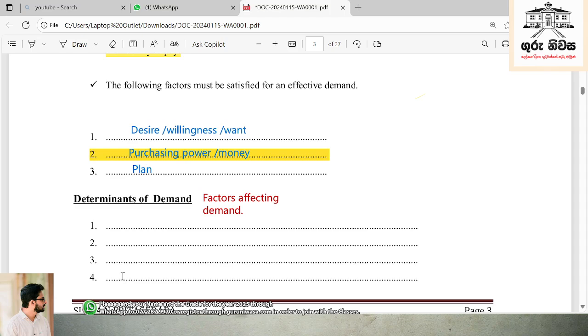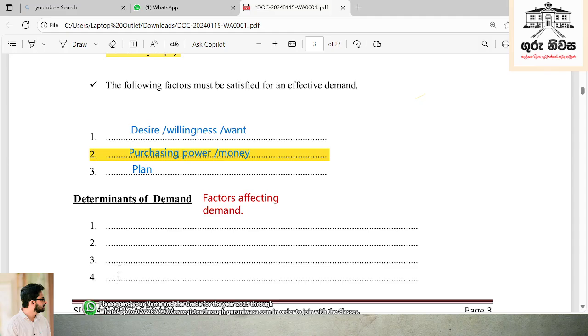Concerned good means the good that we are talking about. If we talk about demand for fish, then fish price is the price of the concerned good. If we are analyzing demand for laptops, then the price of the concerned good is the laptop price. Did you get the point?